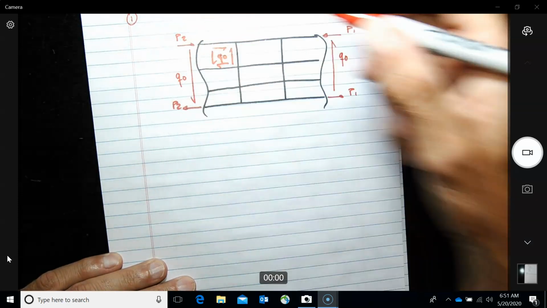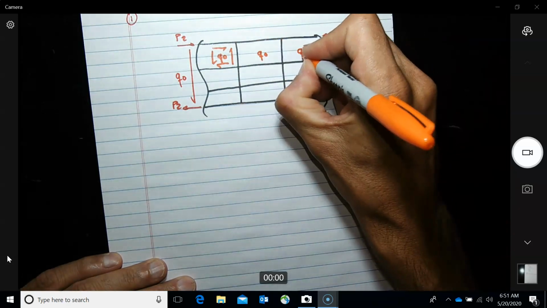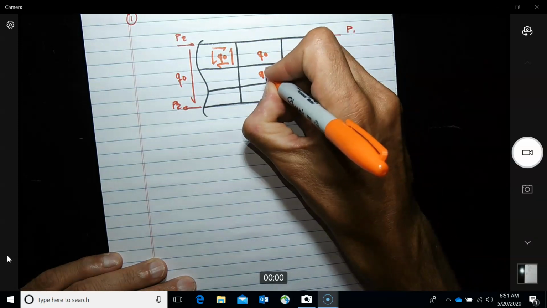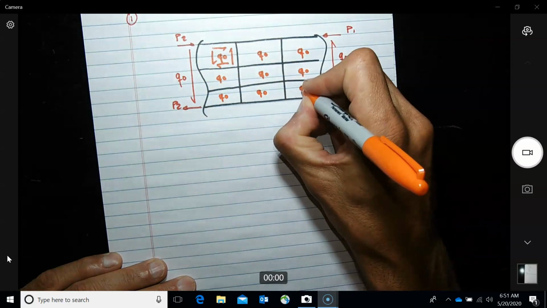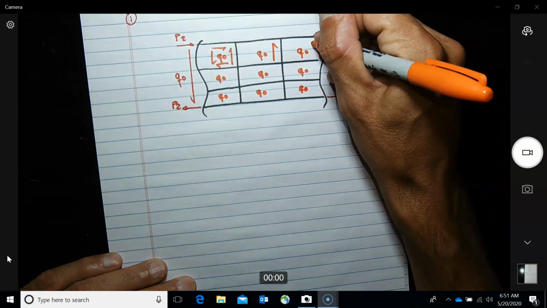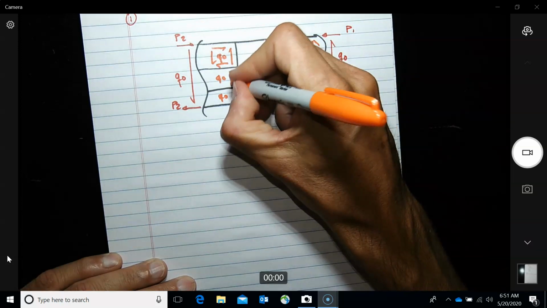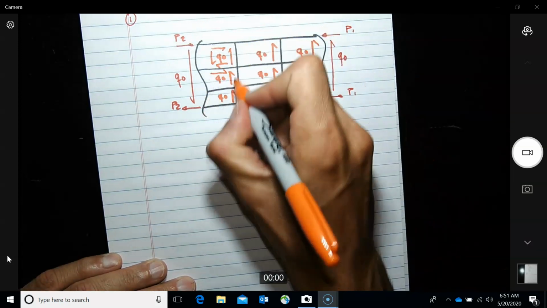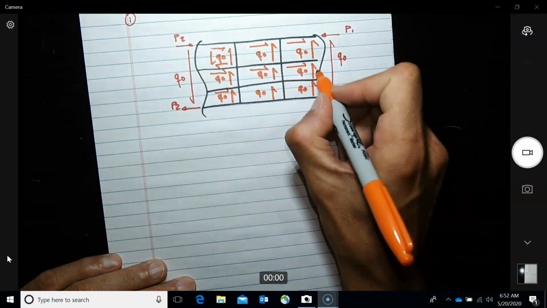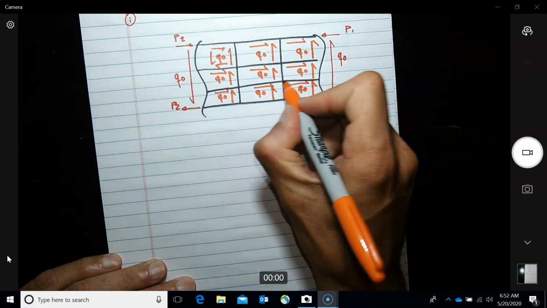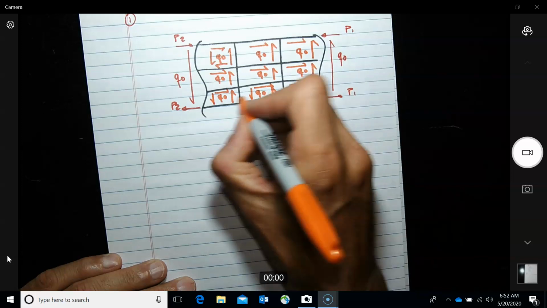So let's see what will happen to the panel if it was not cut out. So this is what you will have basically in every single panel. You have this, this, this, this. Now we're going to have this over here.